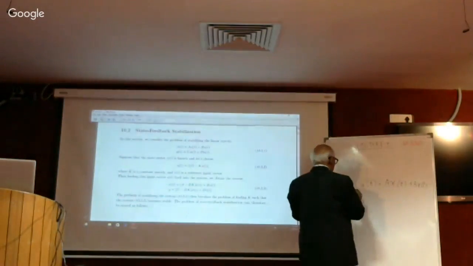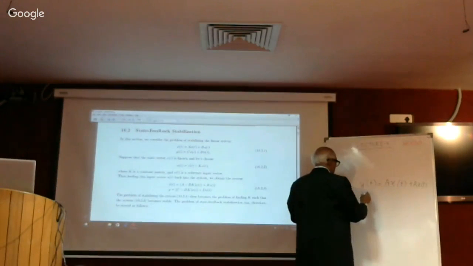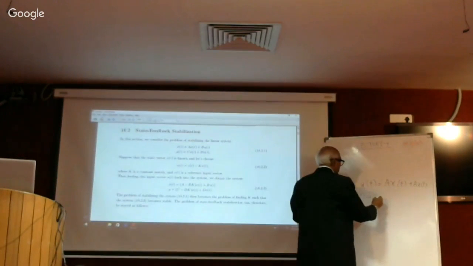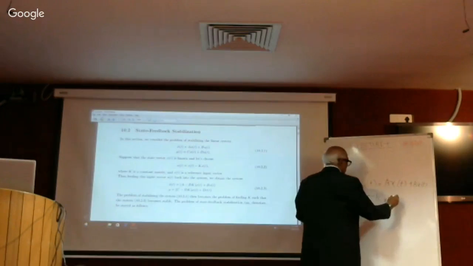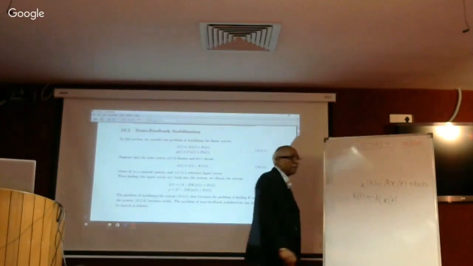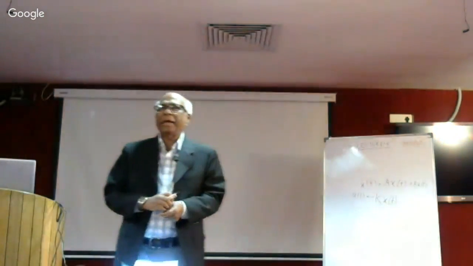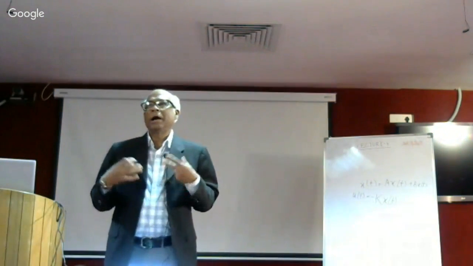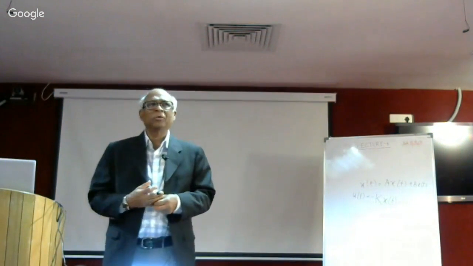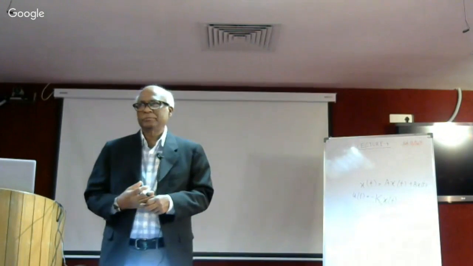Okay. So let's say suppose that we choose u of t equals minus K times x of t, where x of t is the state vector and K is some unknown constant matrix, right?